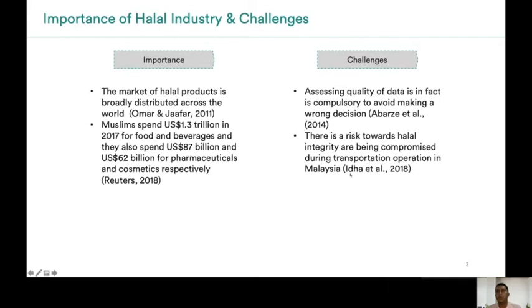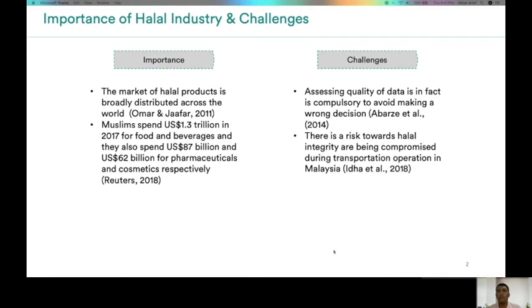And also there is a study done by Idha et al. in 2018. They said there is a risk towards halal integrity being compromised during transportation operations in Malaysia. So among the issues are the sharing of containers, for example, halal and non-halal, which mix together, and the poor visibility of which inventory is in which container.